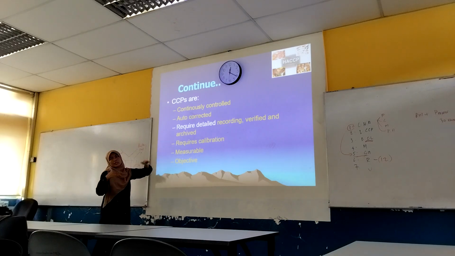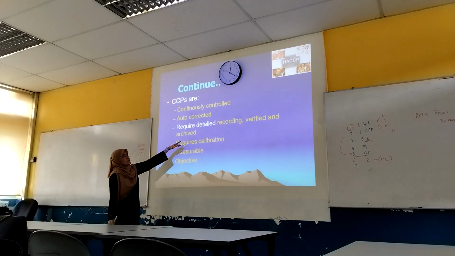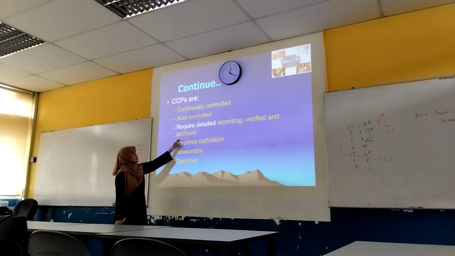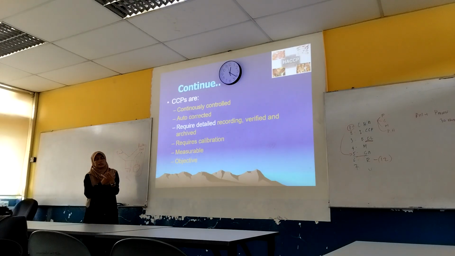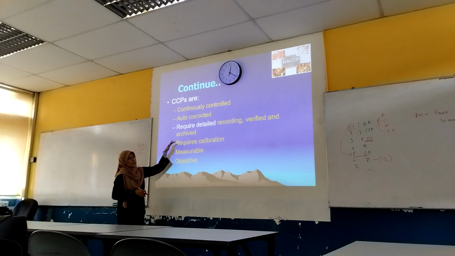Auto-corrected means that when the temperature reduces, we can call the engineering or technician department and check whether the machine is okay or not. They will have downtime, stop, then check the machine, repair and maintain. Required detailed recording and verification: this is more about filling out the form. We have the AQL form for each process.